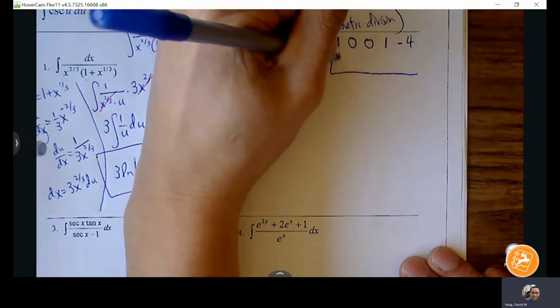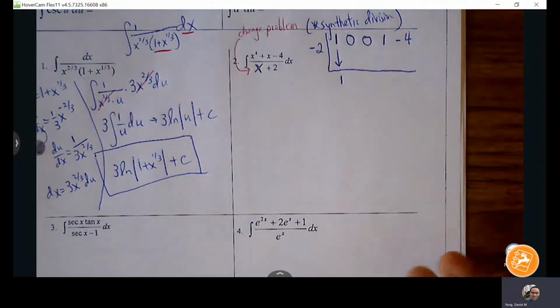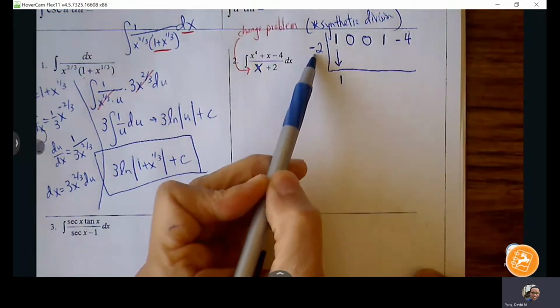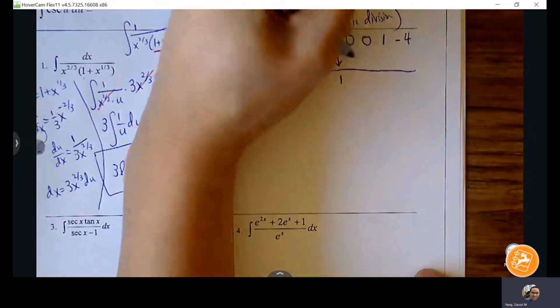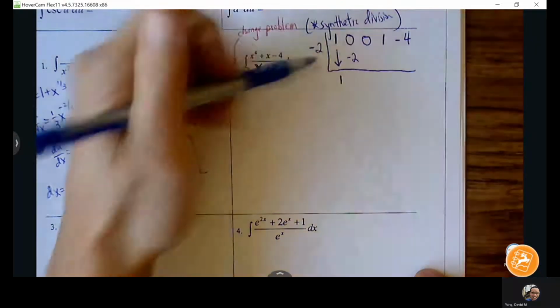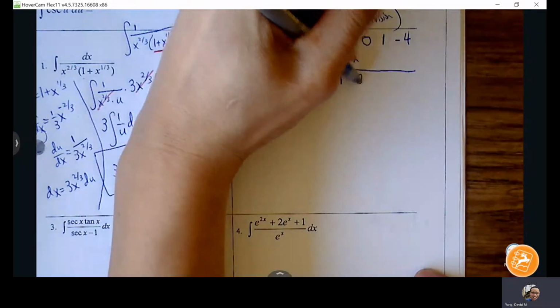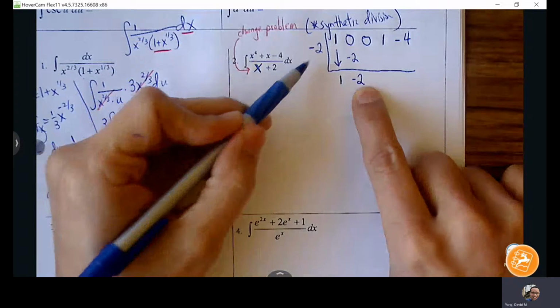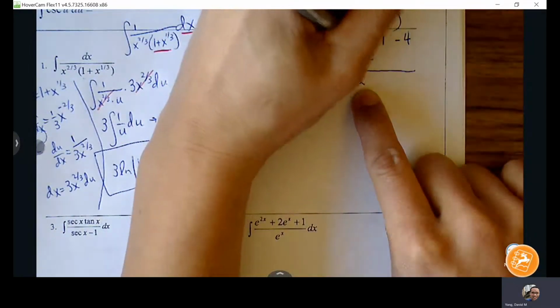Okay, so here are the steps. We always drag the first number below the line. As soon as the number shows up below the line, you're ready to multiply with this outside divisor here. So -2 times 1 is -2. Okay, add. Once it's below the line, it's ready to multiply again. -2 times -2 is 4.